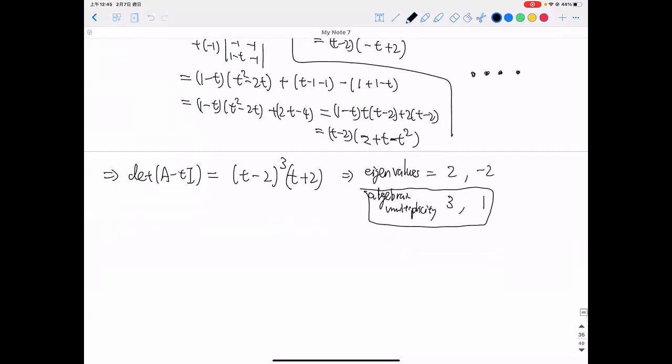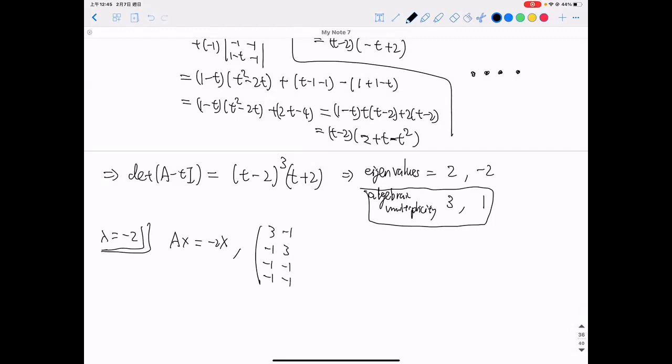So now we are ready to solve for eigenvectors. Let's begin with the easy one. For lambda equal to minus 2, the system we need to study is Ax equal to minus 2x, or the matrix with rows 3, minus 1, minus 1, minus 1; minus 1, 3, minus 1, minus 1; minus 1, minus 1, 3, minus 1; minus 1, minus 1, minus 1, 3.